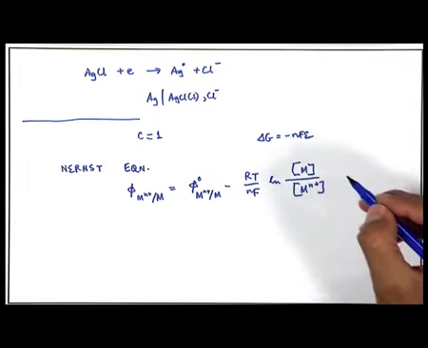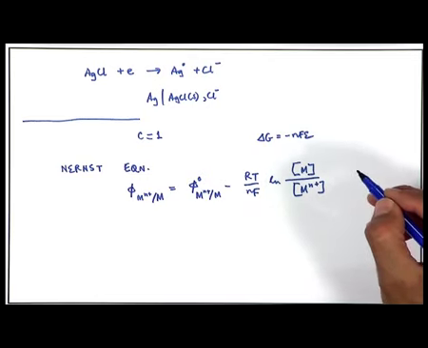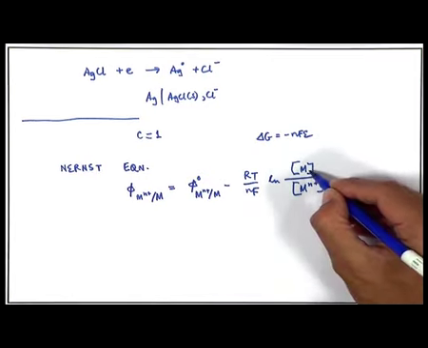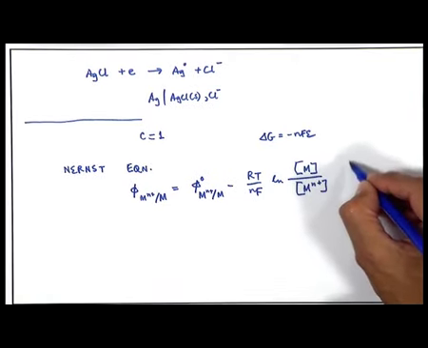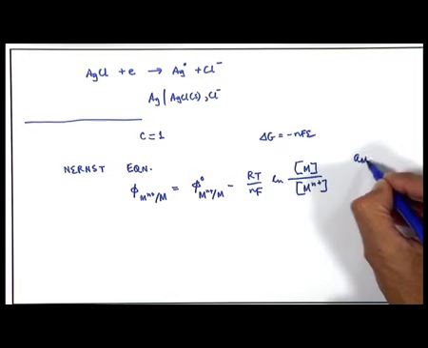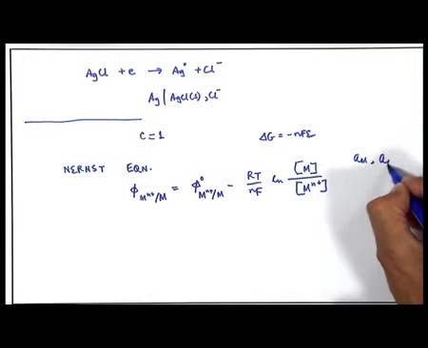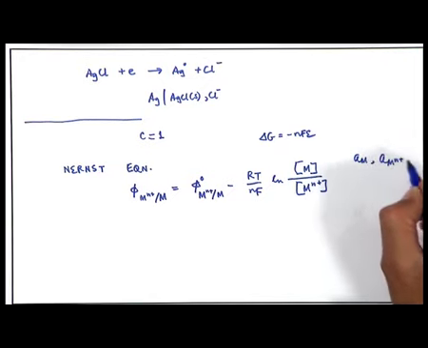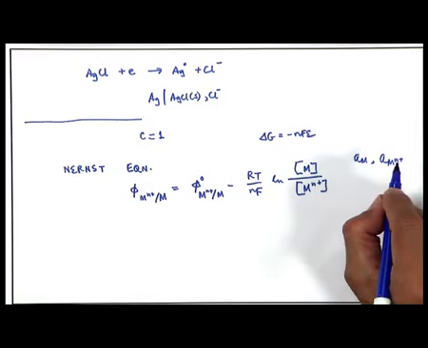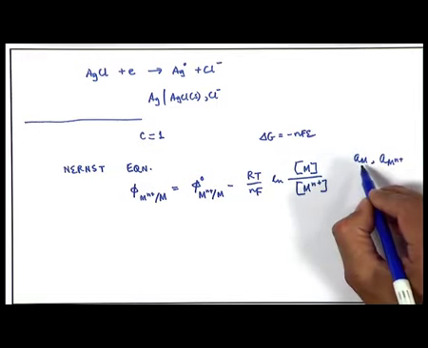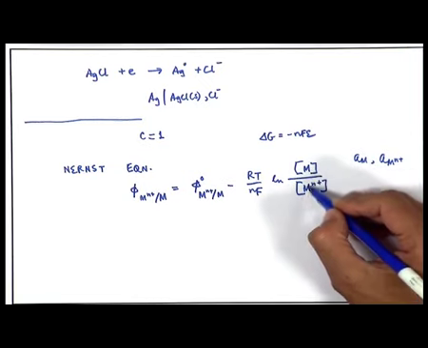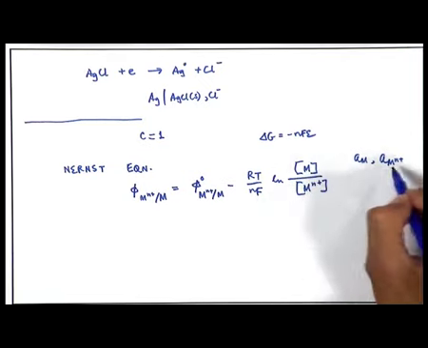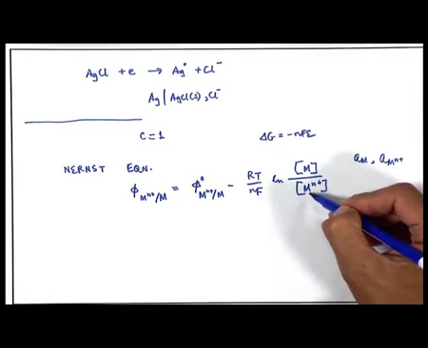Actually, the expression was developed with respect to the activity of M and the activity of M n plus, but for dilute solution, you can replace activity with concentration. That is why we are writing it like this. Otherwise, the true expression is the ratio of the corresponding activities.